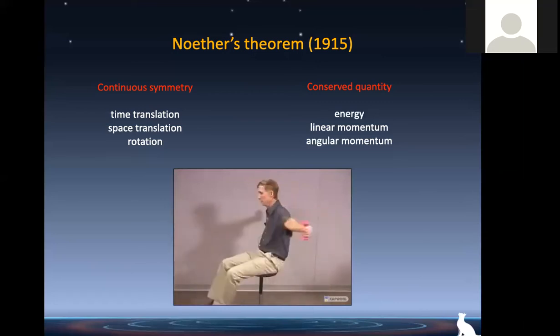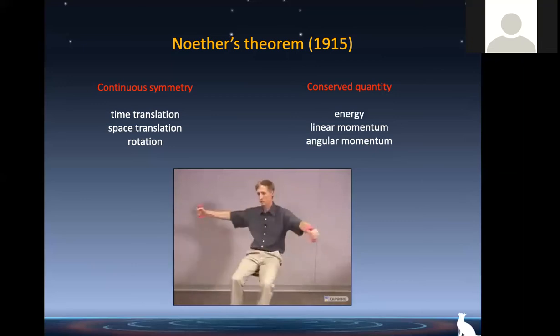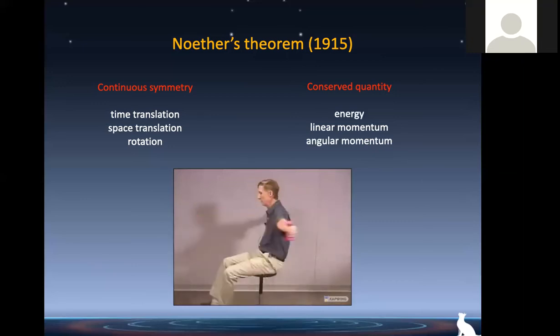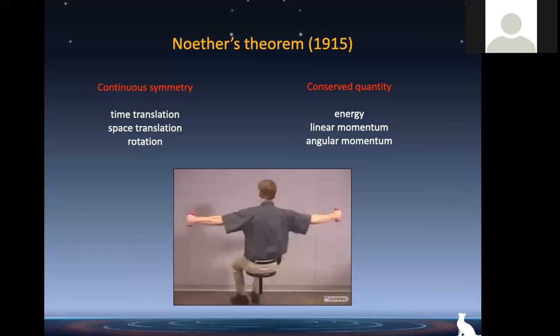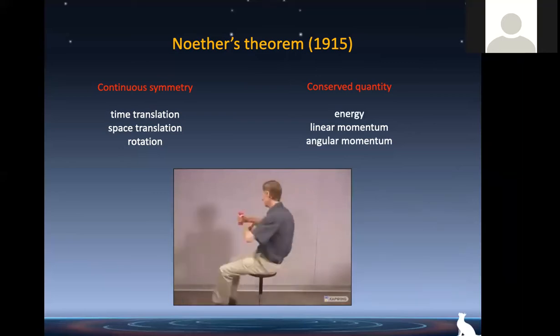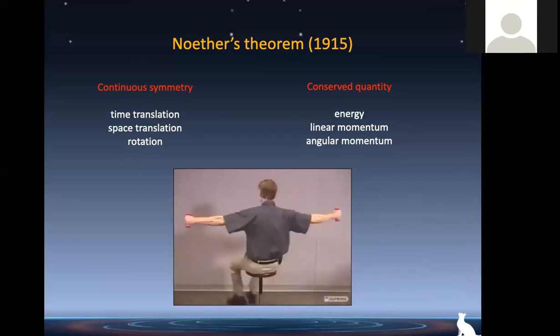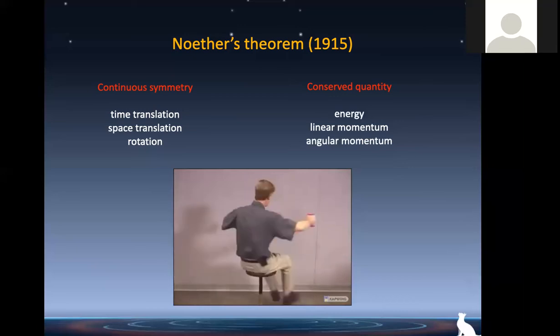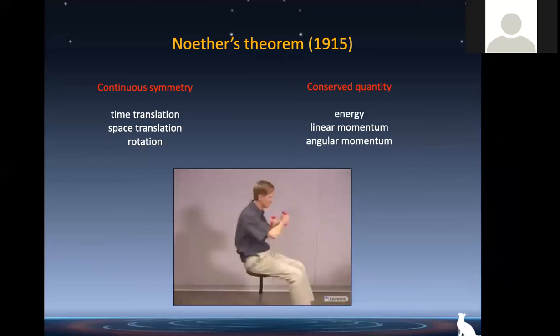Well, precisely because the angular momentum has to be conserved. When he has the arms wide open, he increases his rotational inertia. He changes the disposition of the masses. In some sense, he's more heavy in an angular way. He has to slow down so that the angular momentum is conserved. And vice versa, when he pushes the arms back to the chest, he has less angular inertia, so he can speed up in order to keep this quantity constant.